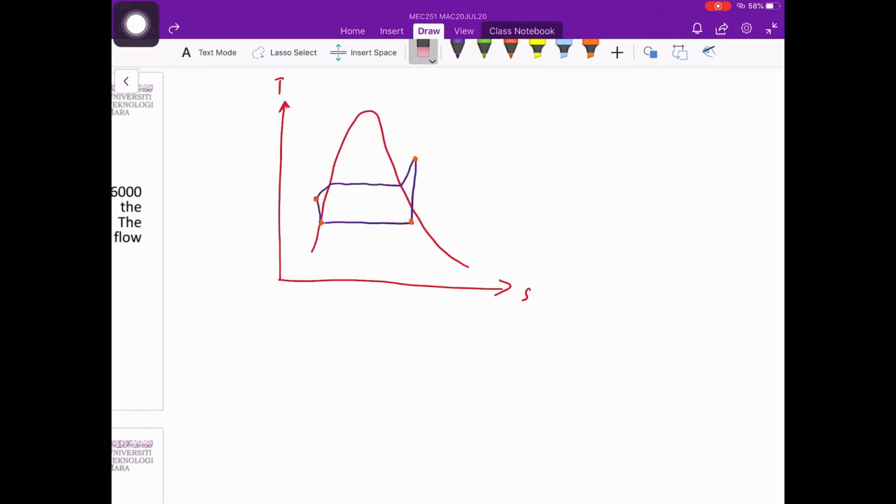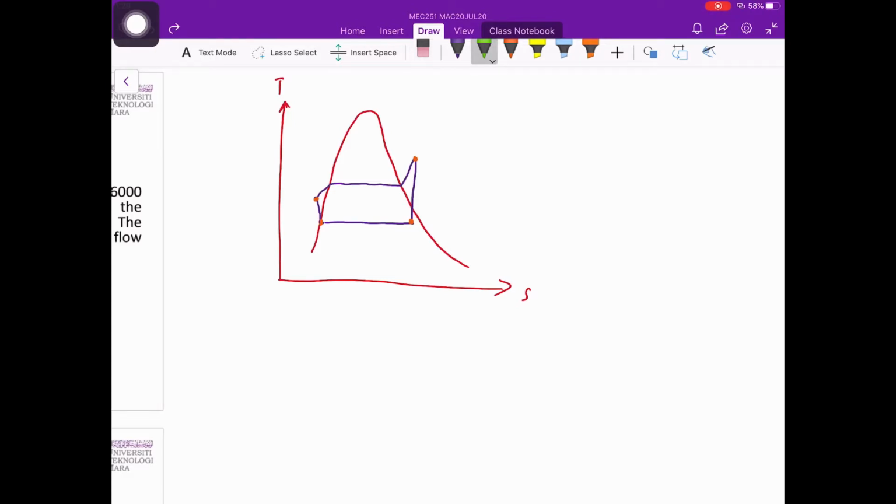This TS diagram represents the ideal simple Rankine cycle. However, we know that from the question, it gives us the actual situation for the simple Rankine cycle. In order for us to sketch the processes throughout the cycle, we need to really know what is the phase for each state, especially for the states leaving the turbine.